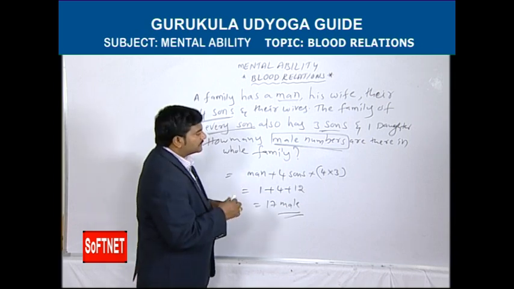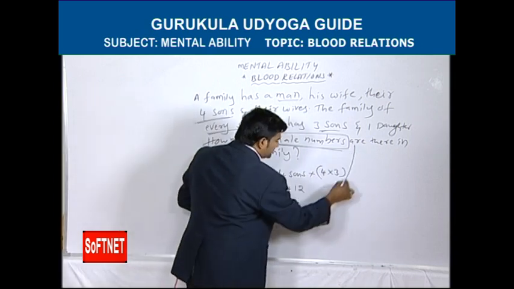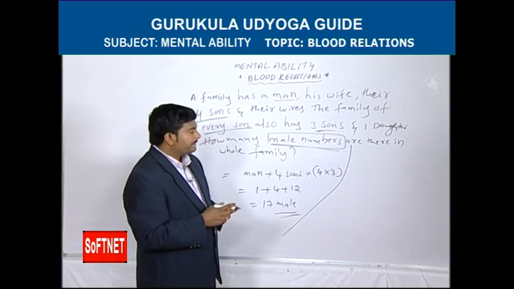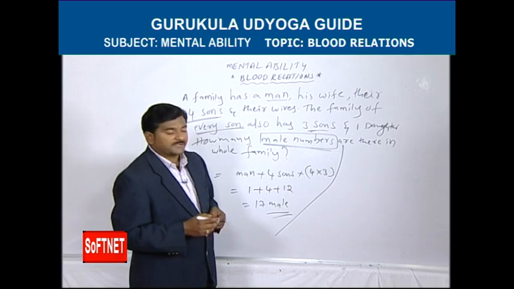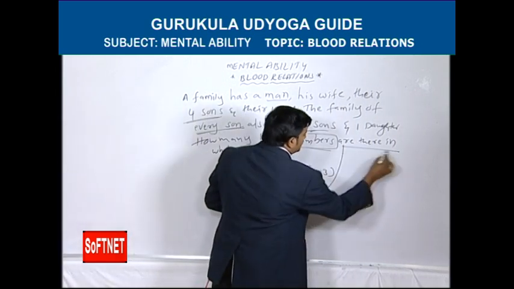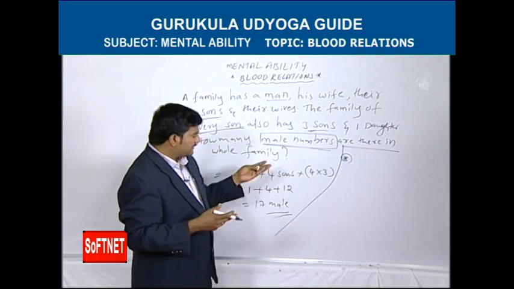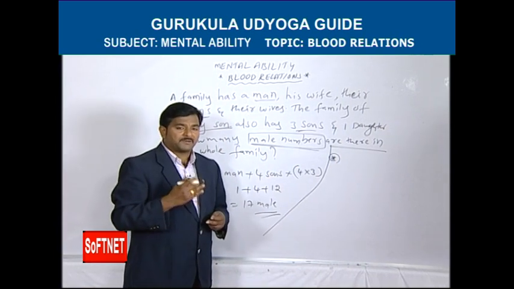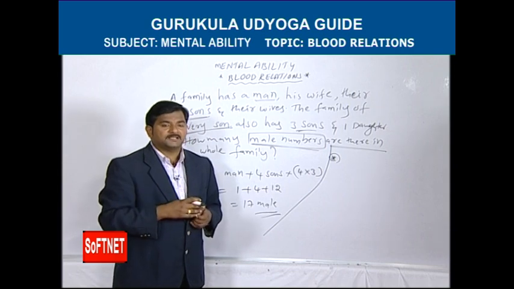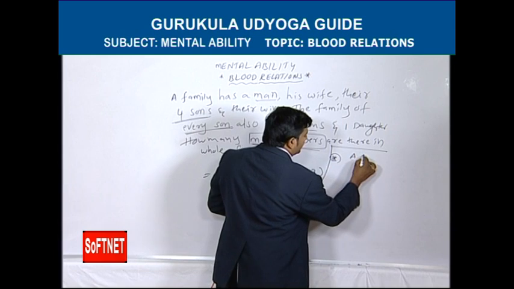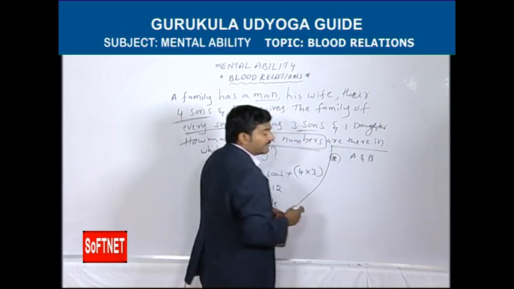Sometimes the question may be like this also, based on this model. In a family there are wife and husband. Let's say for example A and B. We will discuss this concept orally, you will get the idea. It's not a big concept, just an easy concept. In a family there are wife and husband, let's name them A and B. A and B are the wife and husband.